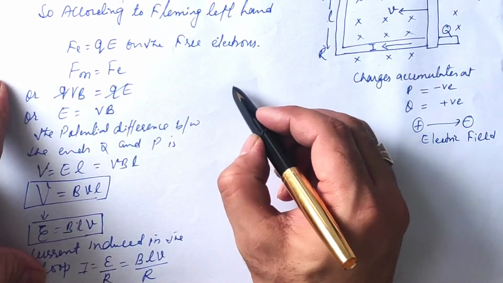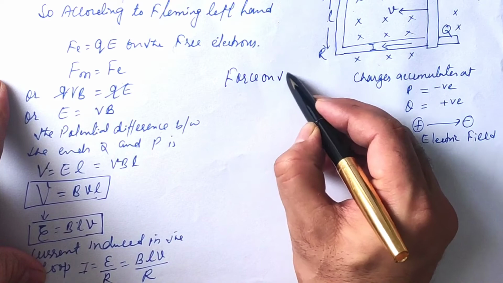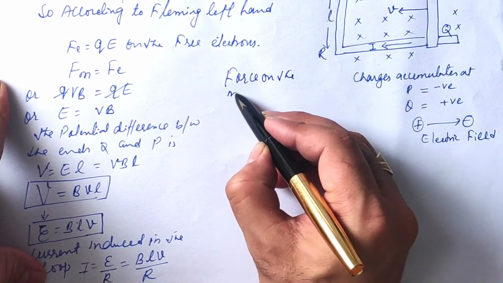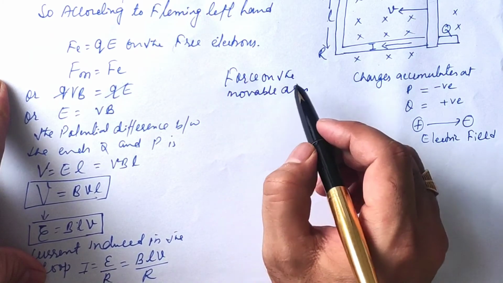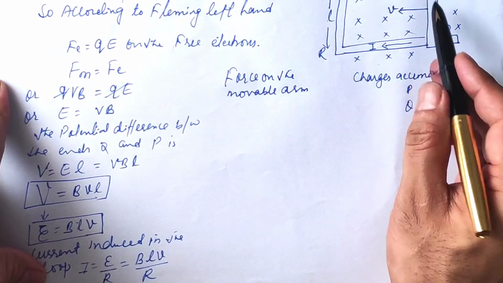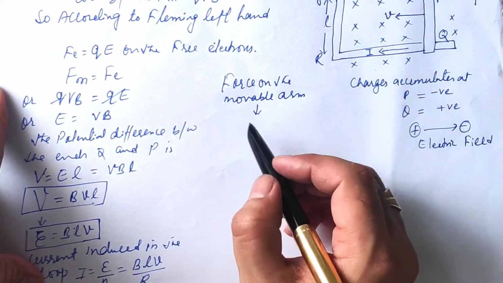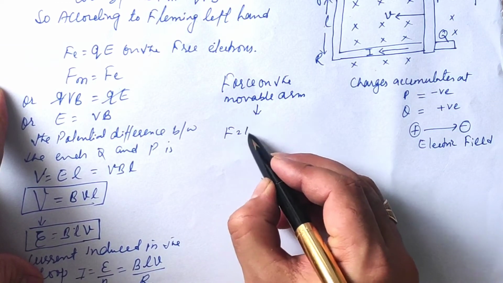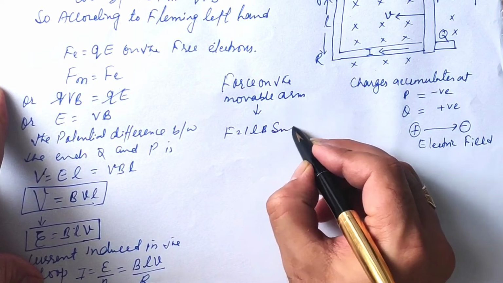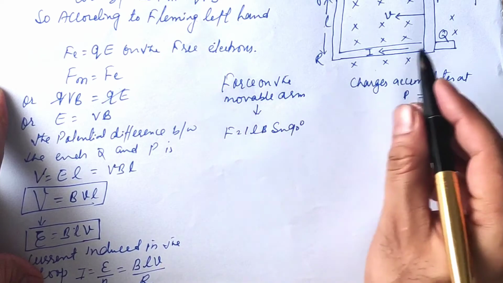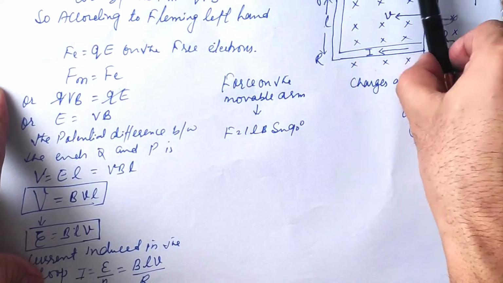Now we will find out the force on the movable arm. How much force is on this movable arm? This arm is movable. When a conductor is placed in a magnetic field, the formula you better know: force is equal to BIL sin theta, and theta is what here? 90 degrees, because the magnetic field lines are passing perpendicular to this conductor.